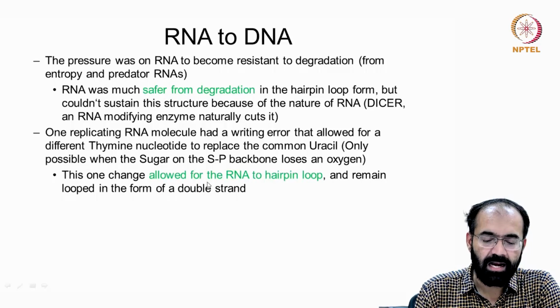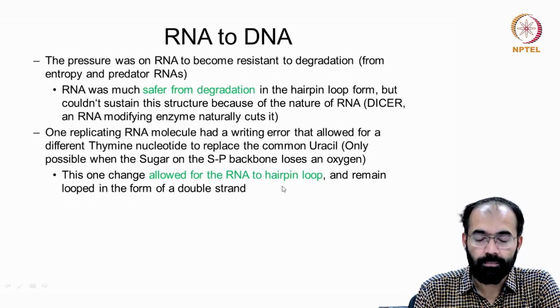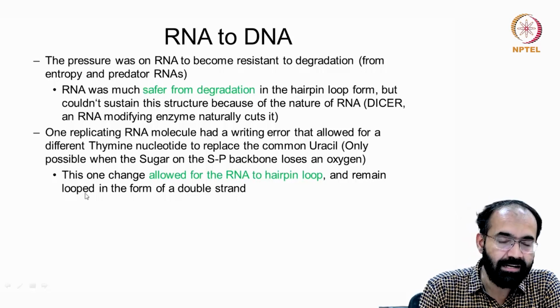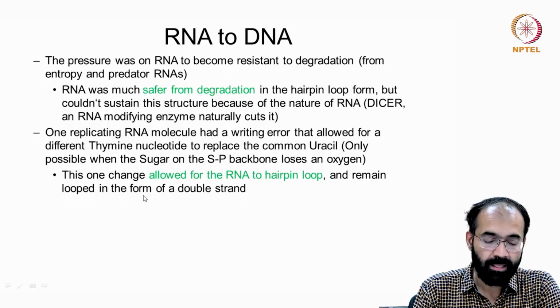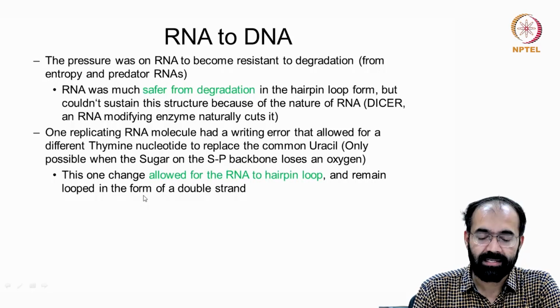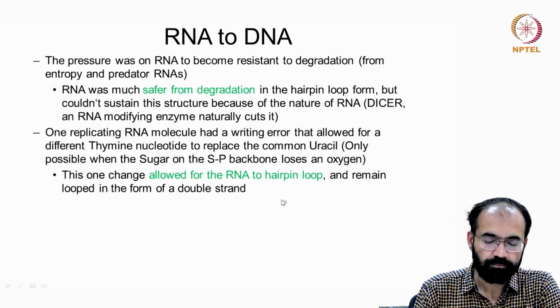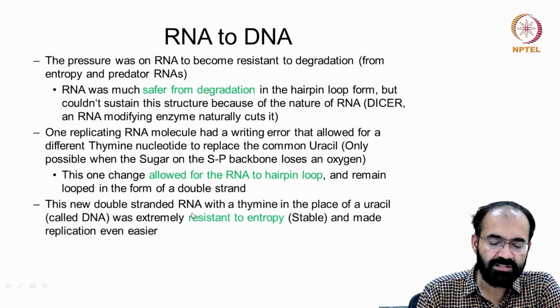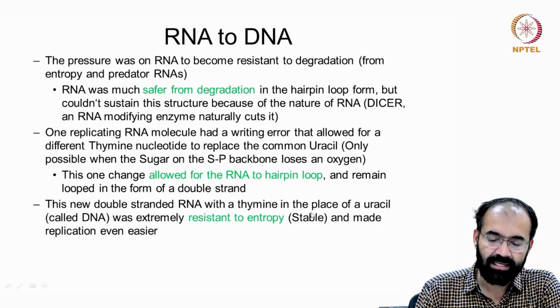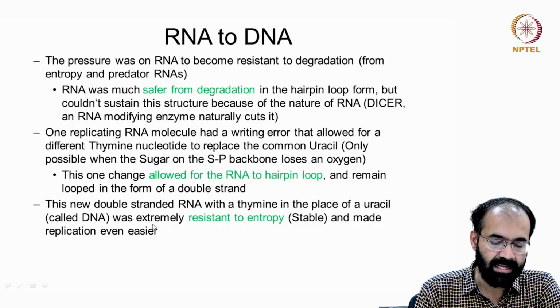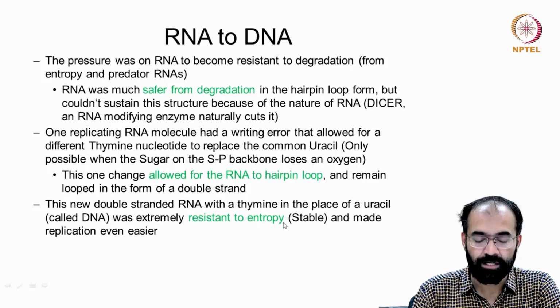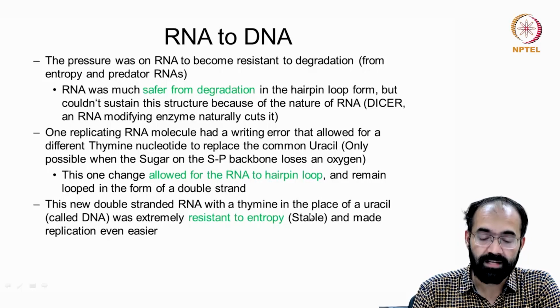This one change allowed the RNA to form a unique hairpin loop and remain looped. That is very important. Remain looped in the form of a double strand so that it gets extra stability. So this new double-stranded RNA with thymine in the place of uracil, now we can technically call a DNA, was extremely resistant to entropy, that is, very stable.